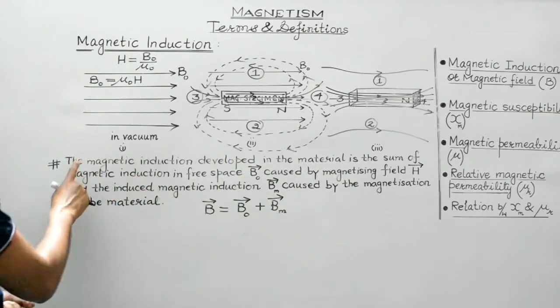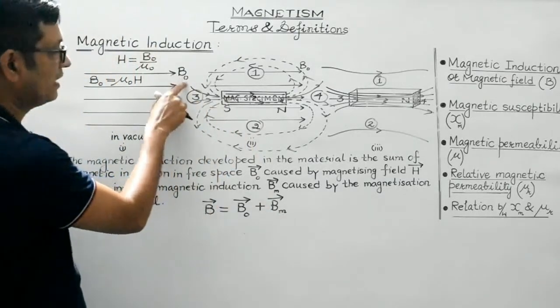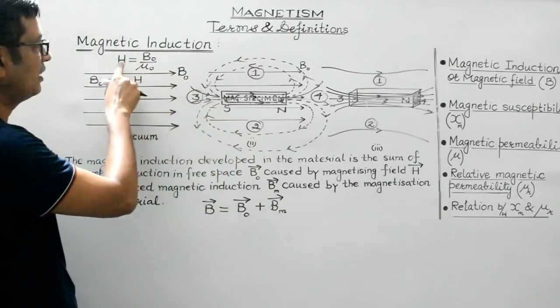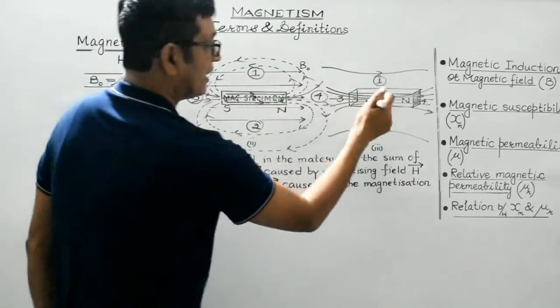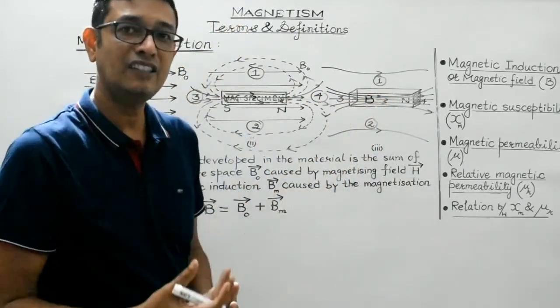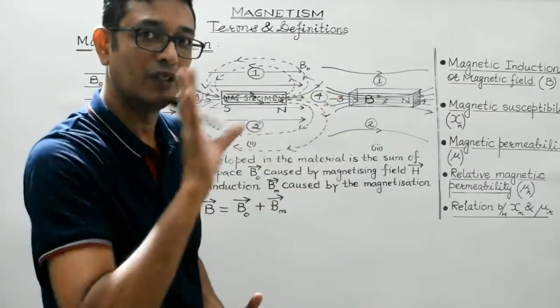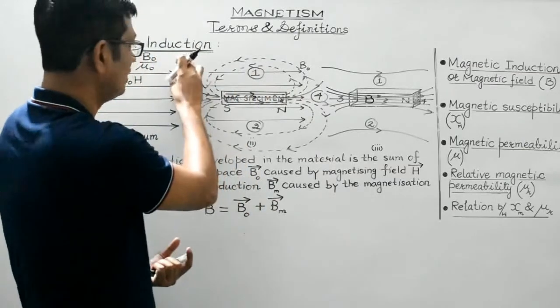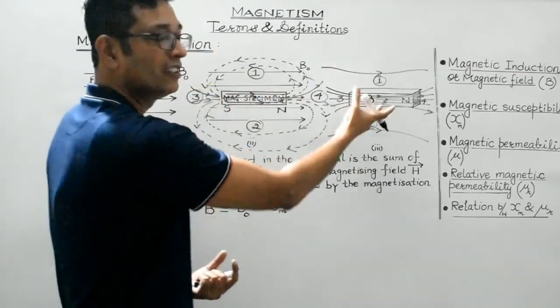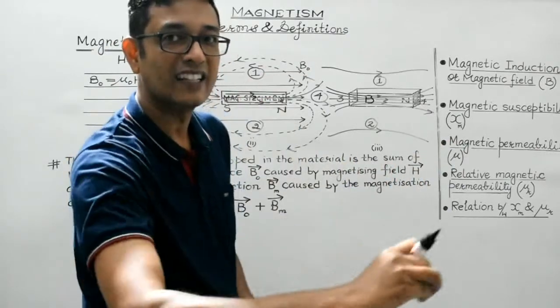So here I have written the magnetic induction developed in the material. This is the magnetic induction in the vacuum due to the magnetizing field H. Now magnetic induction is the net magnetic field lines inside the material crossing per unit area normally. So it involves both the magnetic induction in vacuum plus the magnetic induction due to its own magnetization.